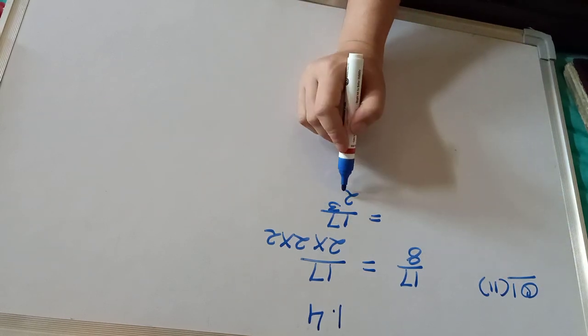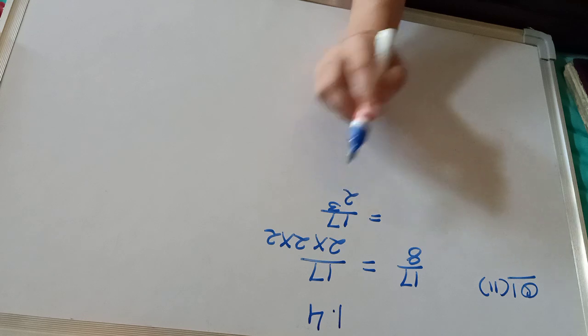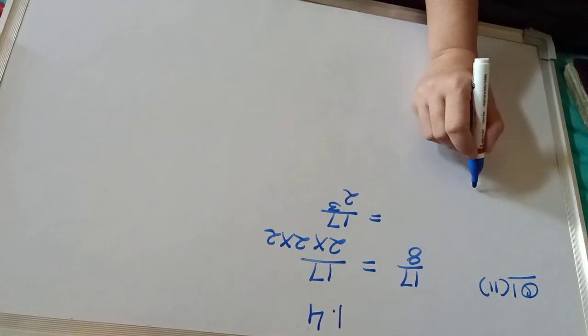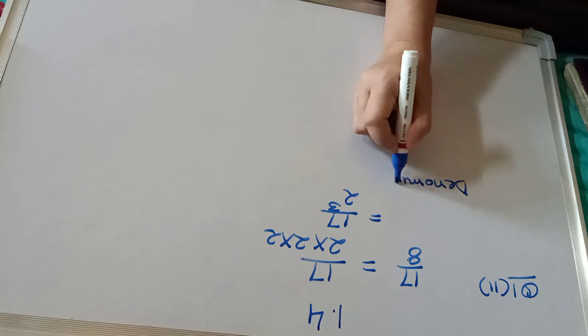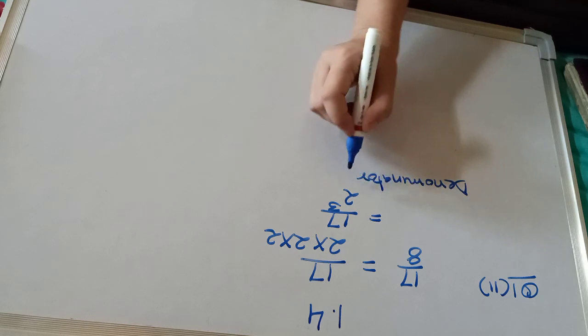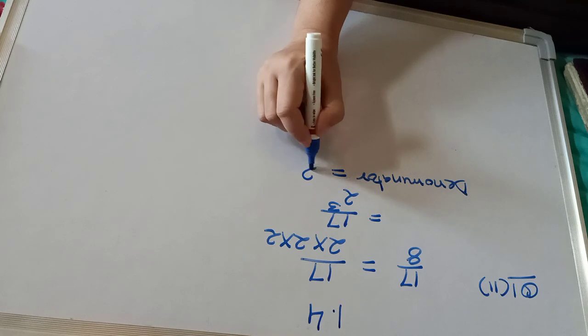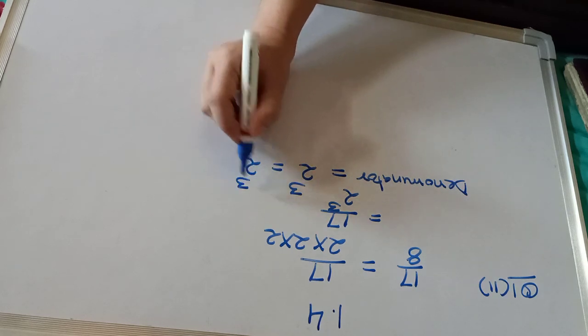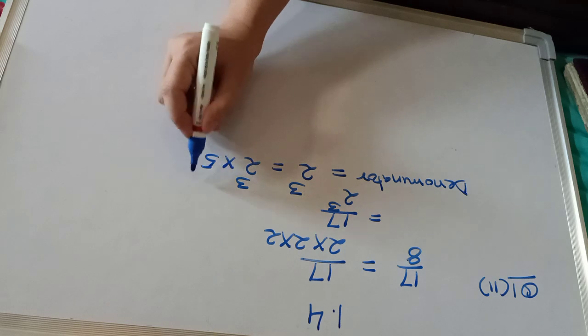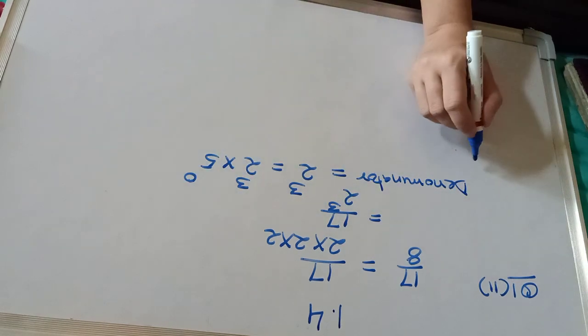Now 17 and 2 raised to power 3 are both co-prime. Now go for the denominator. Yes, what is the denominator here? The denominator is of the form 2 cube, which means it can be written as 2 cube into 5 raised to power 0.